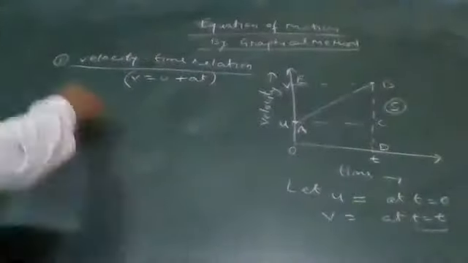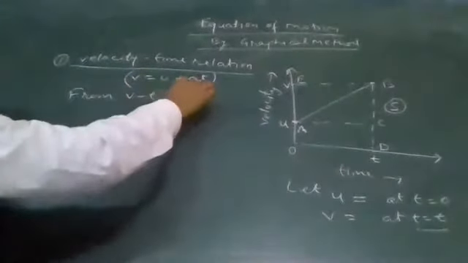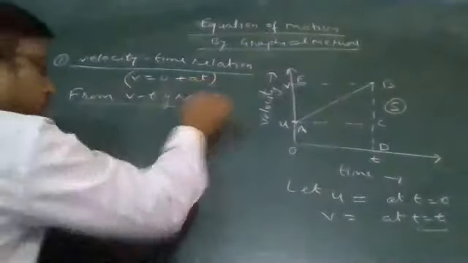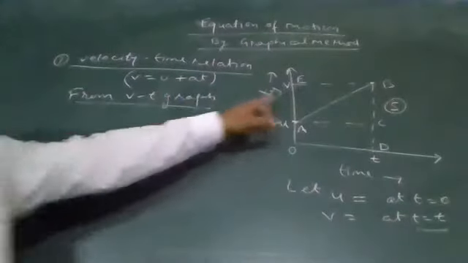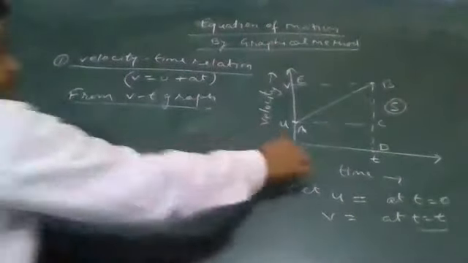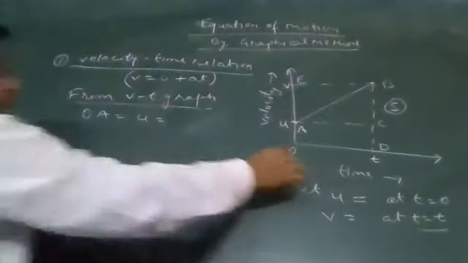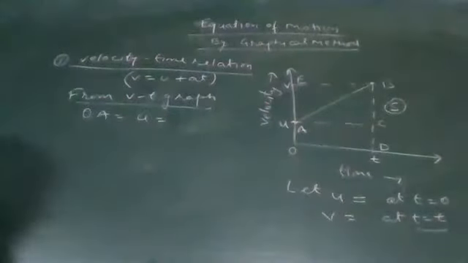Now from the v-t graph, if I want to justify certain parameters, I can say OA is your initial velocity, clearly defined.